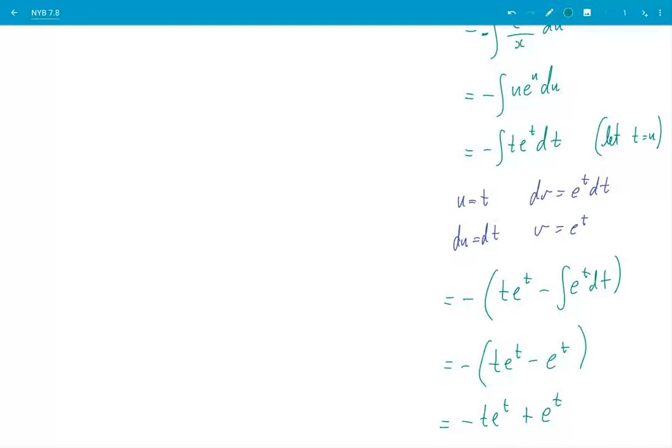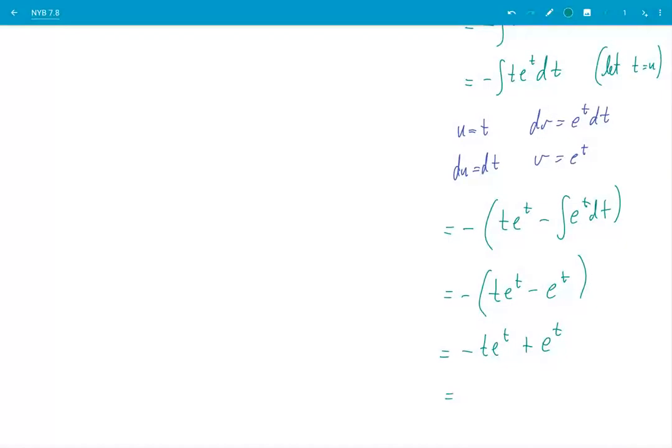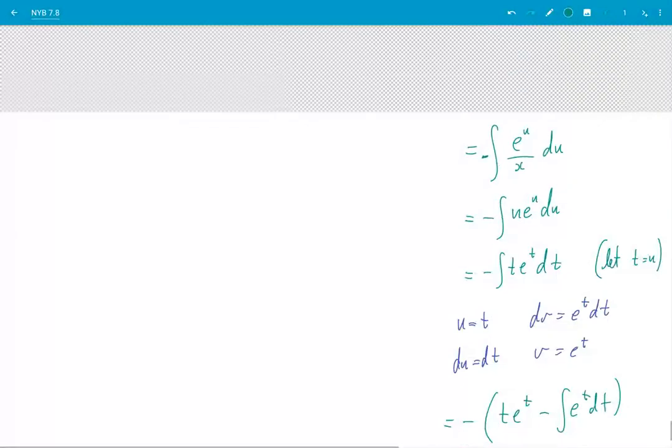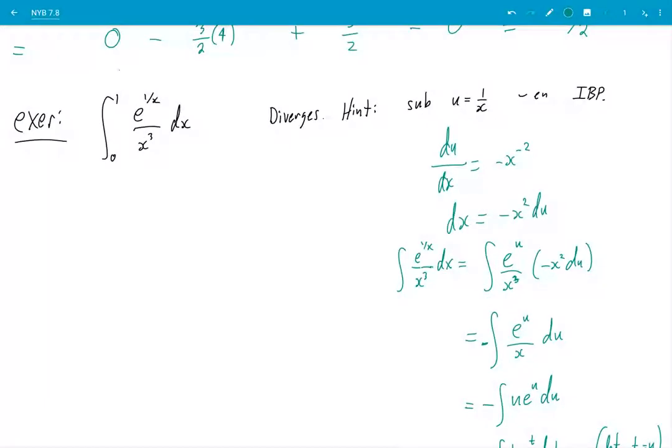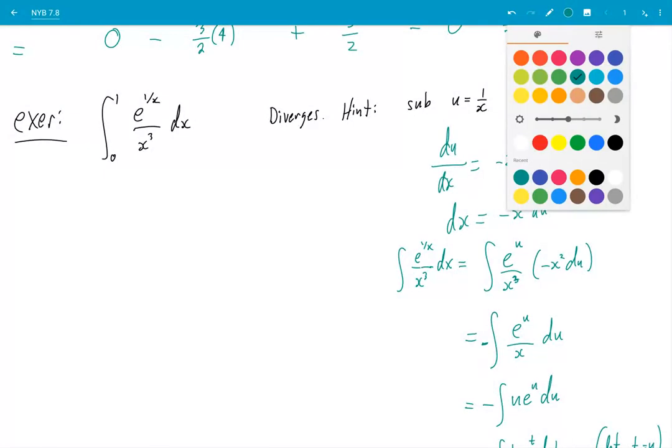And what was t? t was u, and u was 1 over x. Ooh, okay, there's my indefinite integral, which in this case I'm choosing to switch back to x. So I'm not going to convert my endpoints 1 and 0, though you could, I suppose. Maybe a little bit funny converting to 0, but you could probably figure it out if you wanted to.